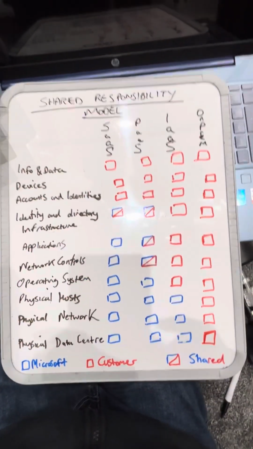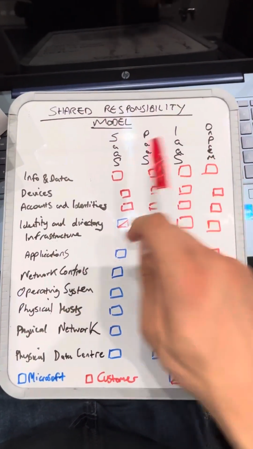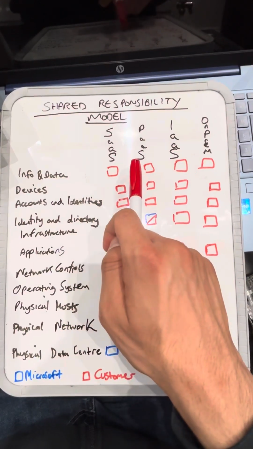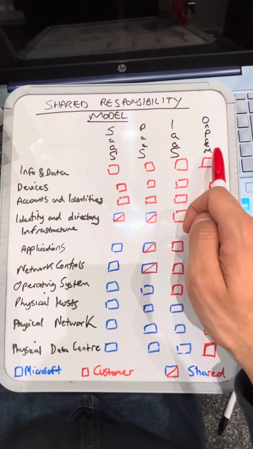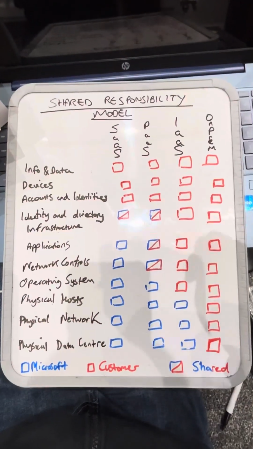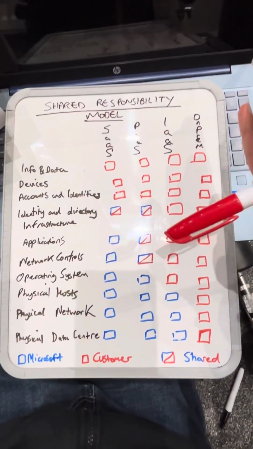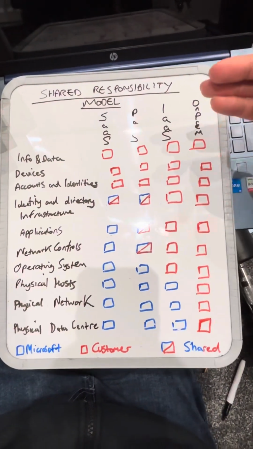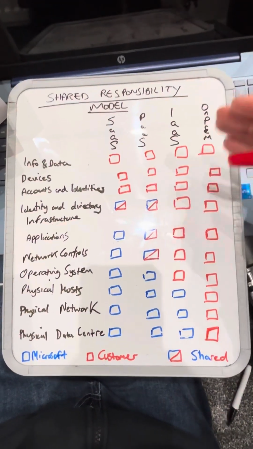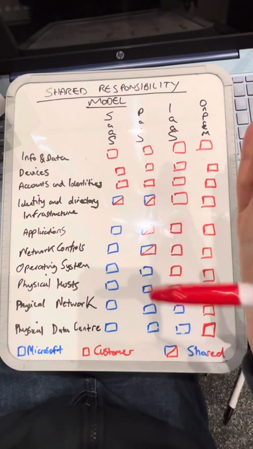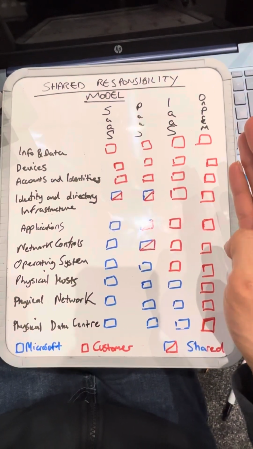So when we look at our cloud service models, we have the SaaS model, software as a service, platform as a service, infrastructure as a service, and on-prem. Now, when it comes to on-prem, this means all the responsibility from the physical infrastructure to the application to the data is all on the consumer, on the customer.